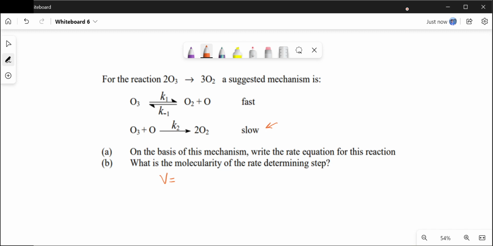So it'll be K2 times my reactants, which in this case are O3 to the first power and O to the first power. But notice that I have a balanced equation that does not include the intermediate O. So I cannot keep O in this rate expression.